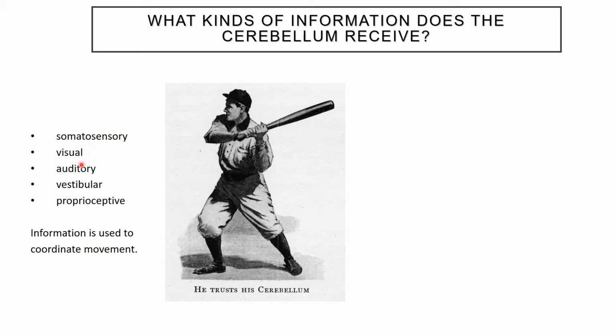It receives visual input. There's auditory input. Vestibular input plays another critical role. So this is allowing us to sense where our body is moving and where our head is moving. And as I've mentioned, the proprioceptive input, so this is letting us know where our body is in space. And the cerebellum uses all of this information in combination to coordinate movement.